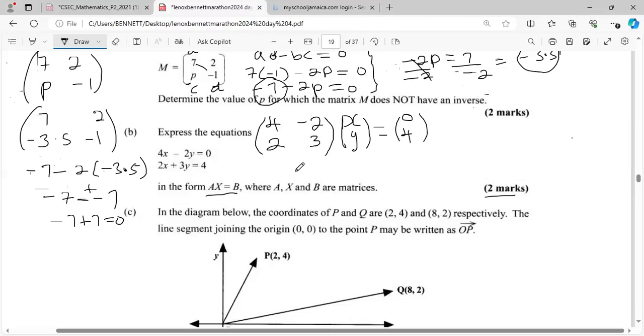Because once you're using the matrices method to solve simultaneous equations, you have to find the inverse of the 2 by 2 matrix. Right? So in order to find the inverse, we first have to find the determinant, and then it's going to be 1 over the determinant times the adjoint. So it's A times D minus B times C. So it's going to be 4 times 3 minus 2 times 2.